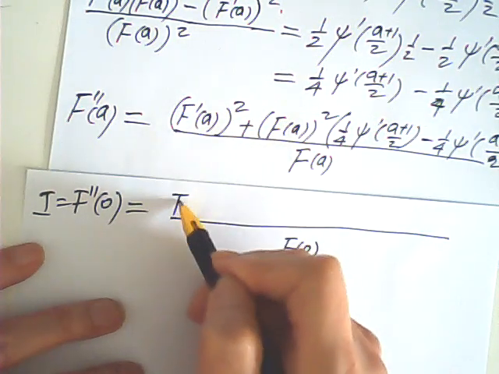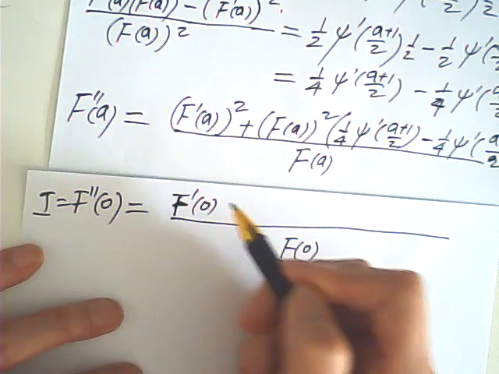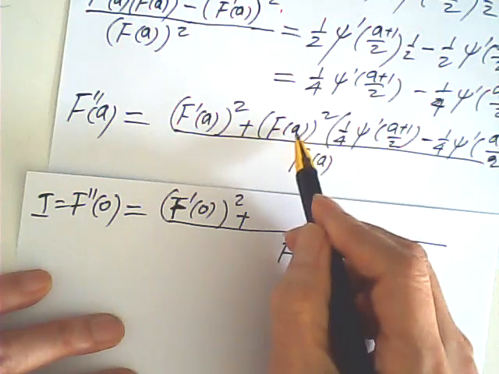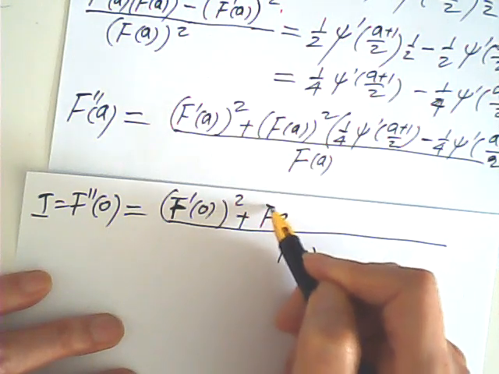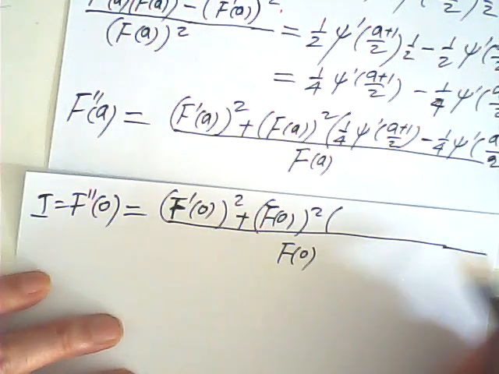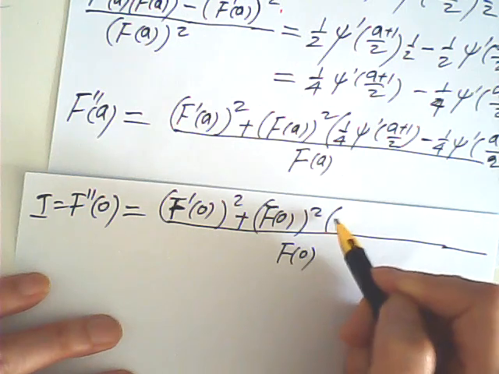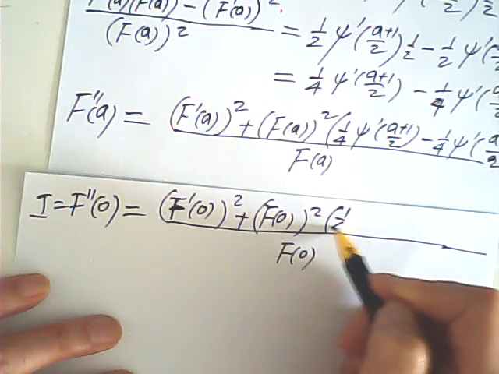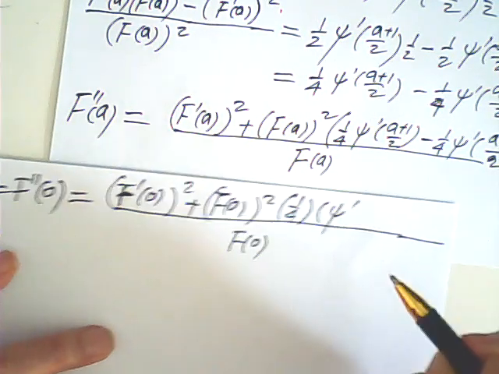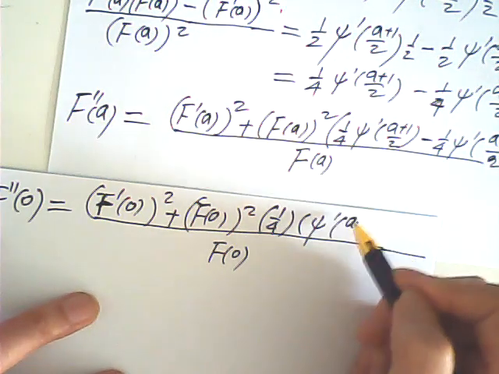This will be f prime of 0 squared plus f of 0 squared multiplied by 1/4. I'll take 1/4 out. Okay, that's better. The trigamma of a, no, 0, right? It becomes 1/2.